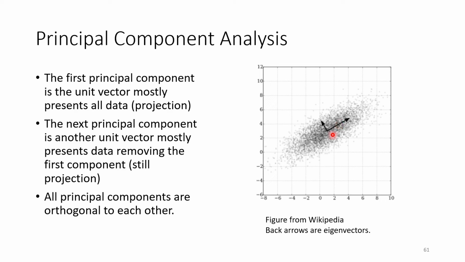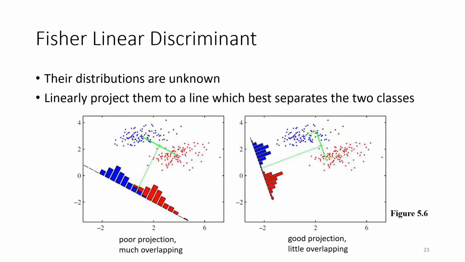What does it mean? For every point, if you project the data onto this line, then the projections will be most widely distributed, or contain the most energy. It is very similar to the concept of the Fisher linear discriminant.